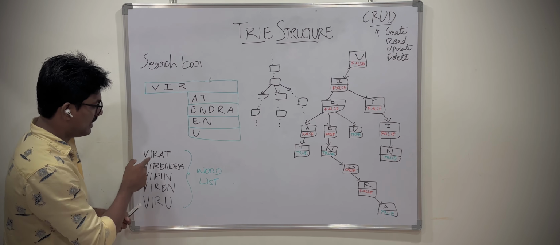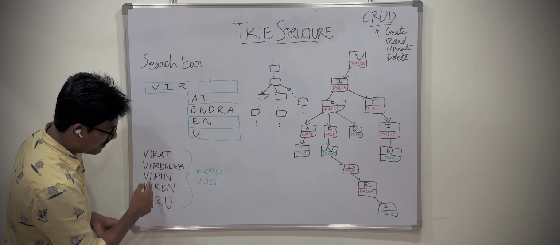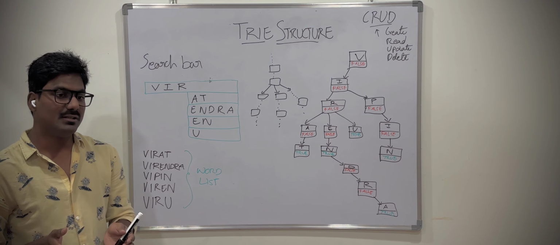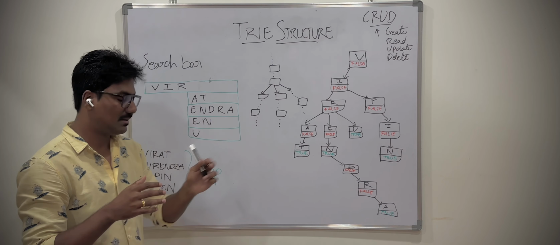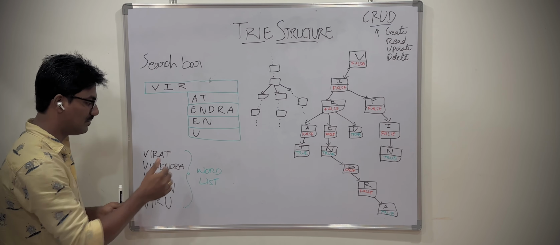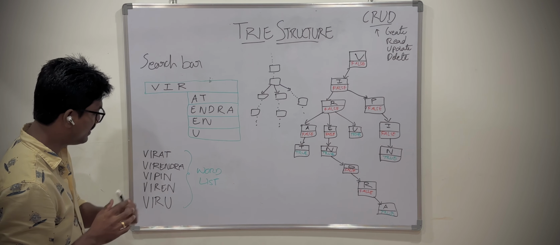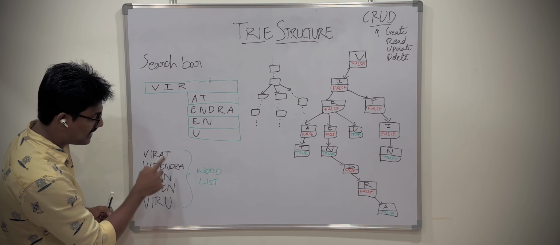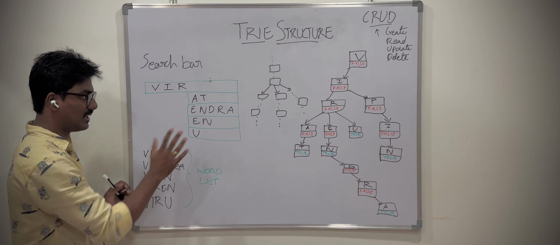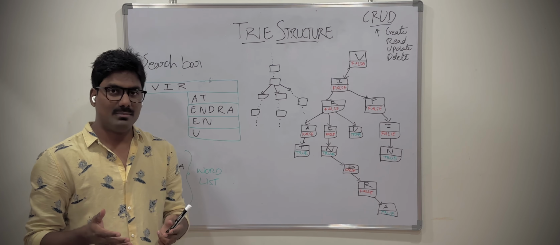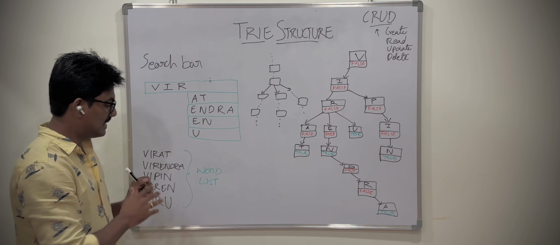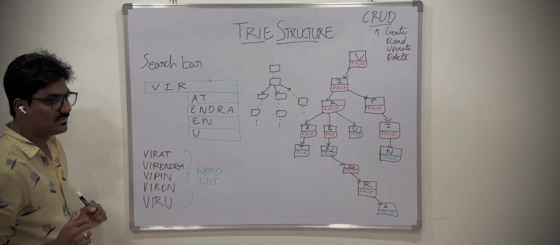Obviously these will be stored, but in an efficient way the computer will store them in a trie structure. I'll come to that in a moment, but let's assume these are the only names in the database. Obviously there will be more words, but let's assume this is the list.